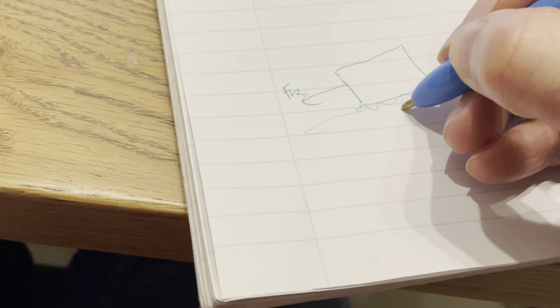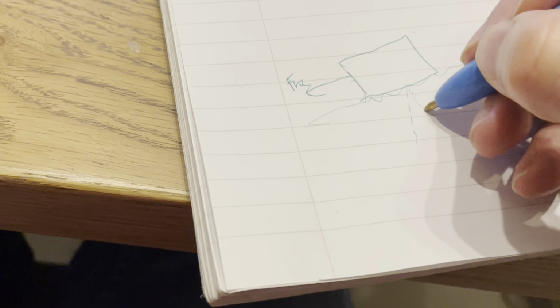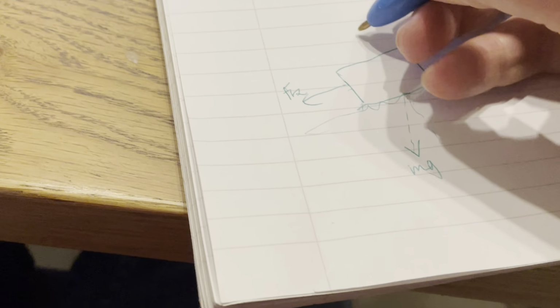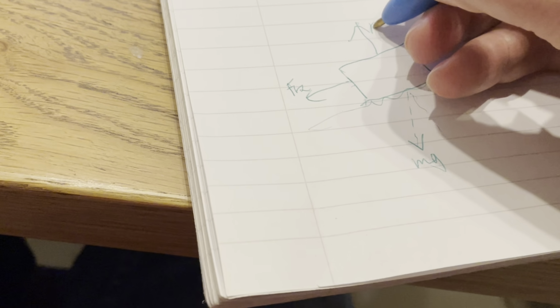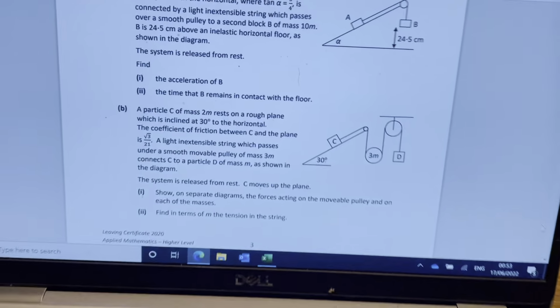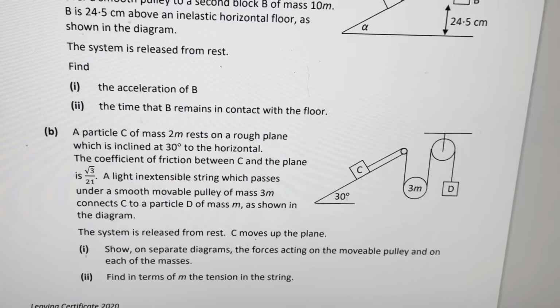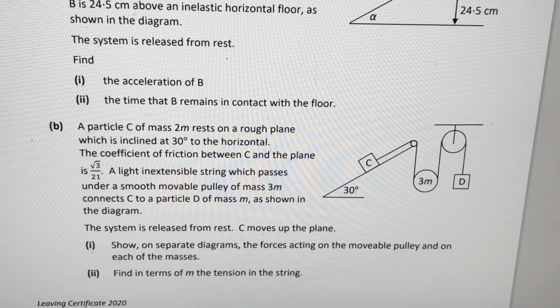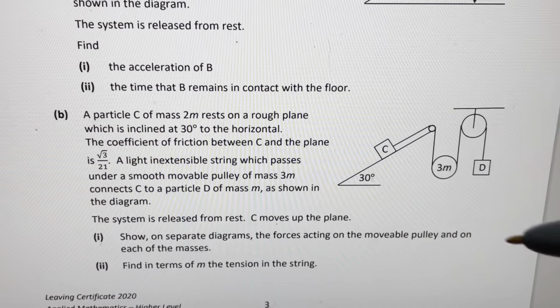So FR, your force mg, your reactive force R, and your tension force, and do that for each body. And that's very easy marks for these questions, so make sure that you take the time to do those with nice big diagrams and nice and clear. So that's the easy bit.